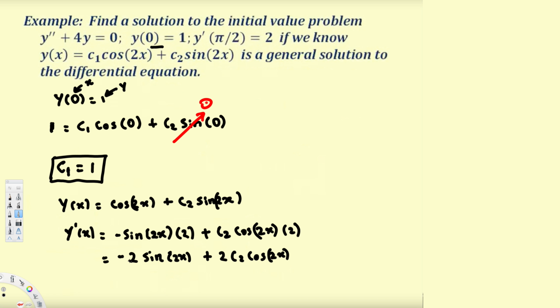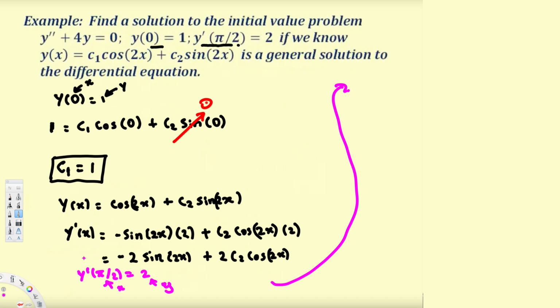Okay, now we have this one, so we are going to use this initial condition and plug it in right here. So we know that y prime of 5 by 2 is equal to 2. So this means when x is equal to 5 by 2, y prime is equal to 2. So this is our x value, this is our y value.